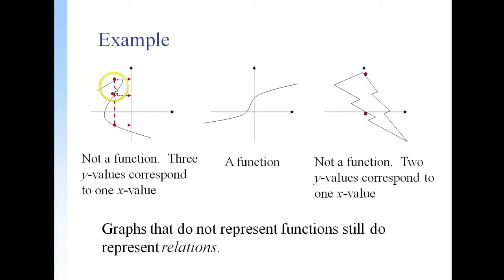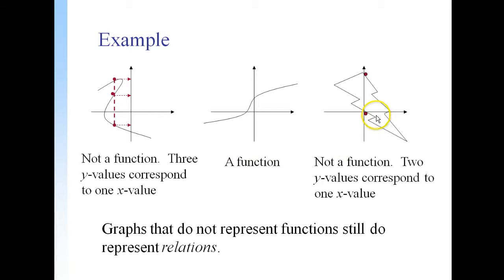It does not pass the vertical line test. Now, as you continue with this line over this graph, does it intersect this line in more than one place? And the answer is no. So this does pass the vertical line test. So this is a function.